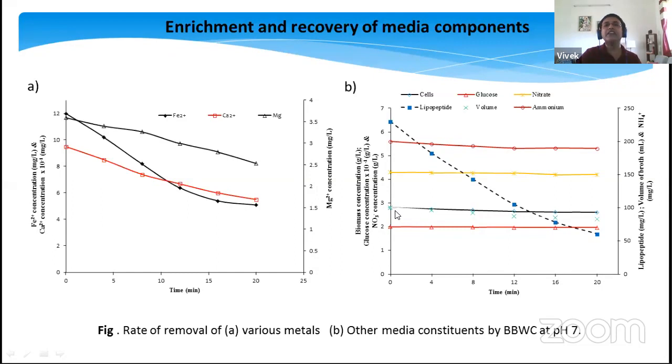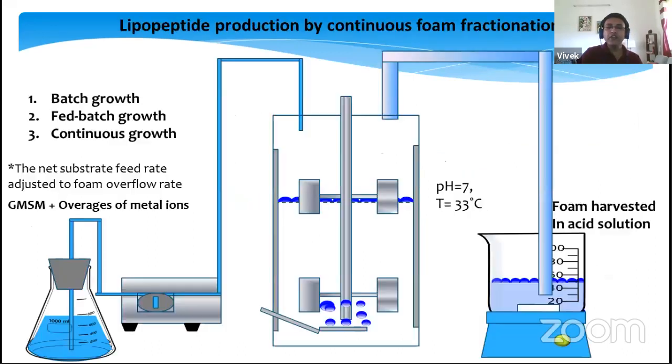Cells are also surface active in nature, so they can easily stick to the bubble surface, and over the course of time they can come out of the reactor. So we have to devise a strategy if we're aiming to produce this lipopeptide on a large scale using a continuous foam fractionation process.